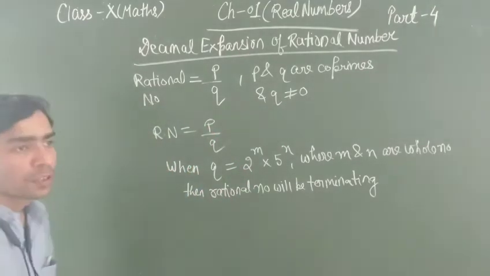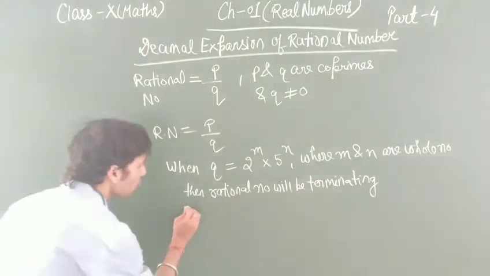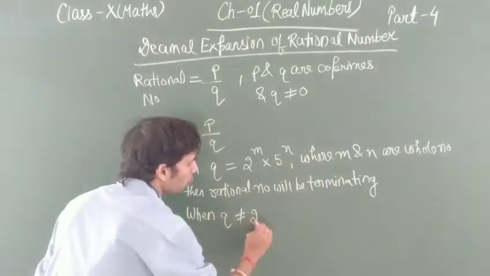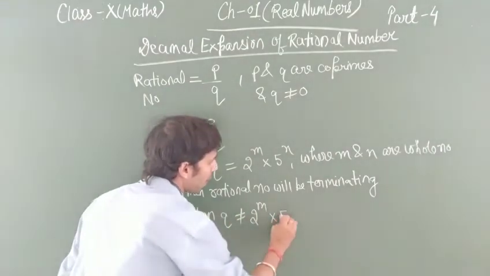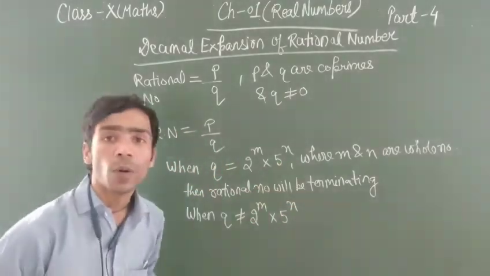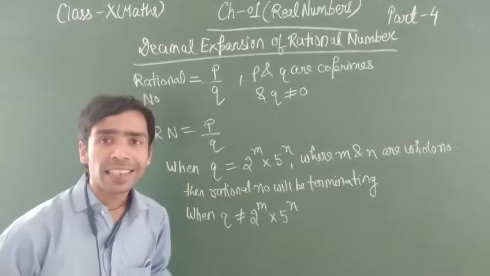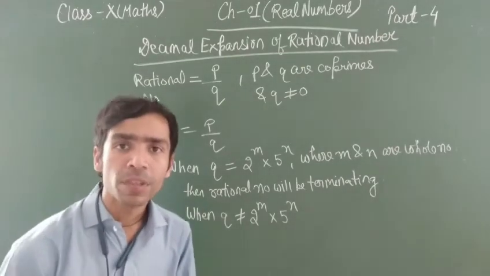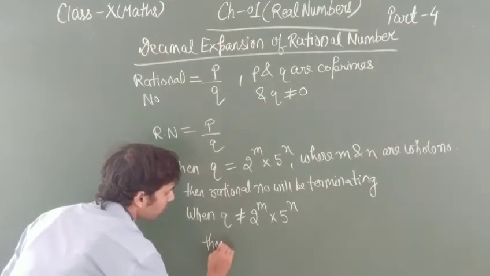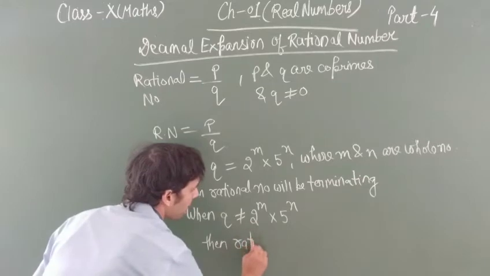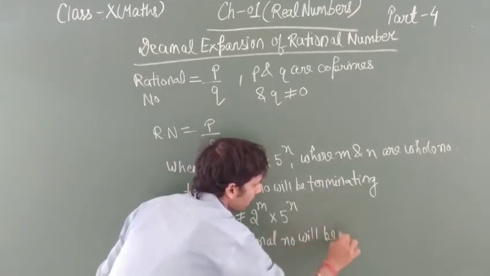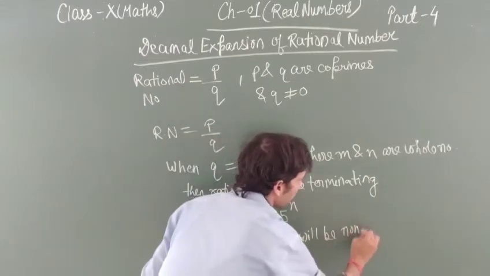Now, just opposite to that, when q is not of the form 2 to the power m into 5 to the power n, where m and n are whole numbers, then whatever rational number is given will be non-terminating in nature.